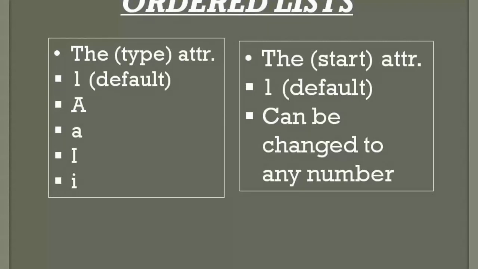The other attribute, the start attribute, is used to specify the number you want your list to start from. Those are the two main attributes we have for the ordered list.